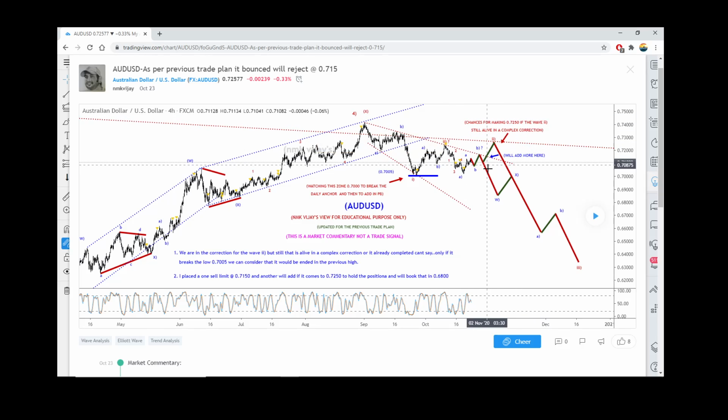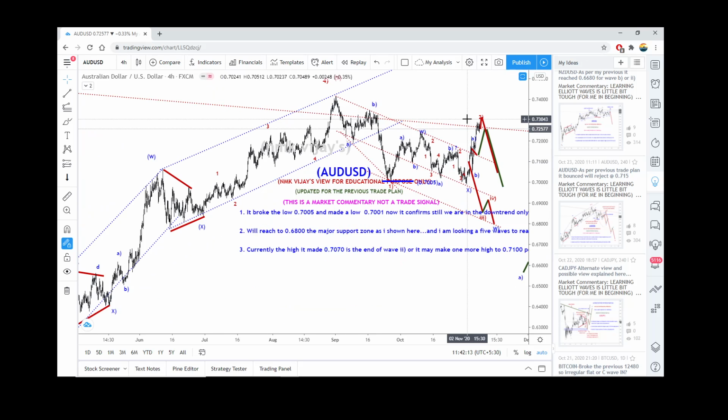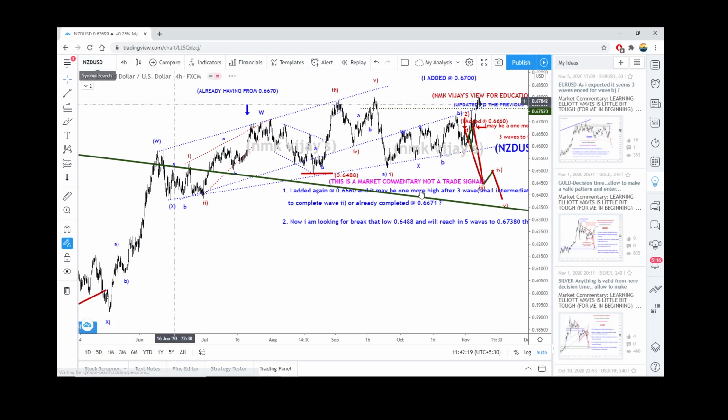This is what happened here, right? Perfect. So now we completed the second wave. So now I'm expecting the rejection. Let's move on to the New Zealand dollar.